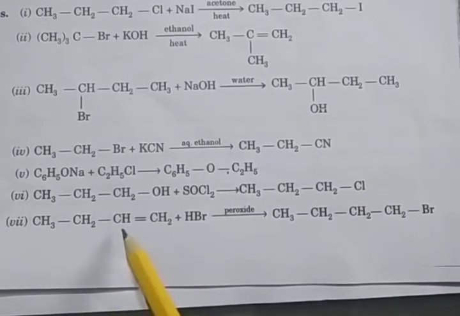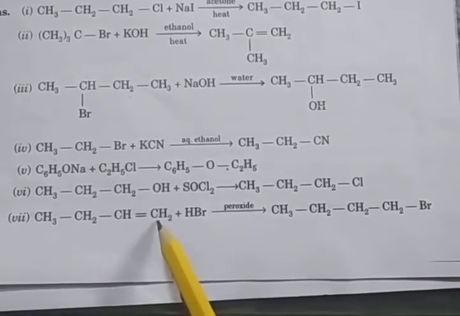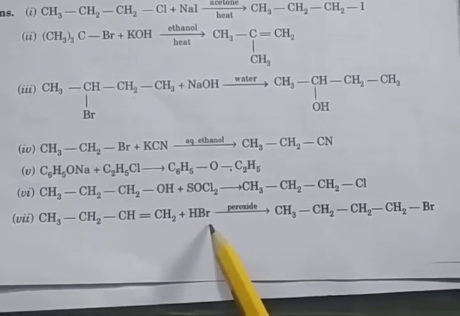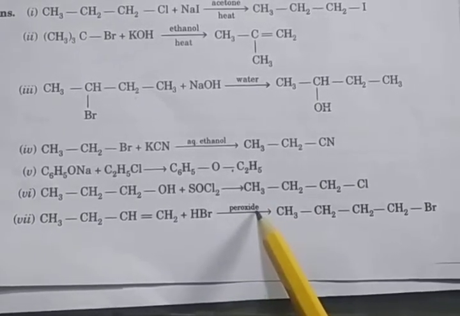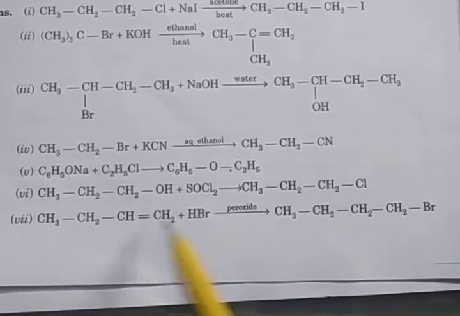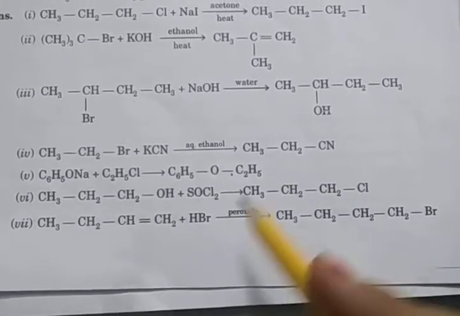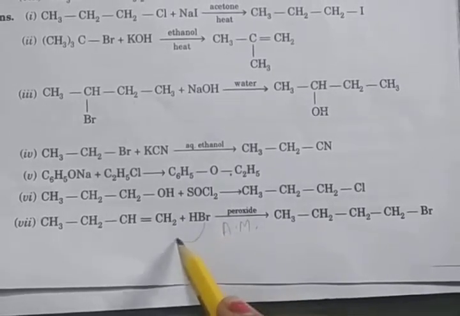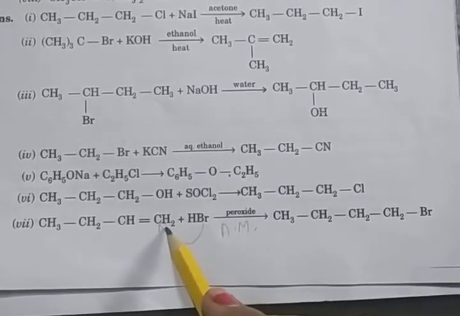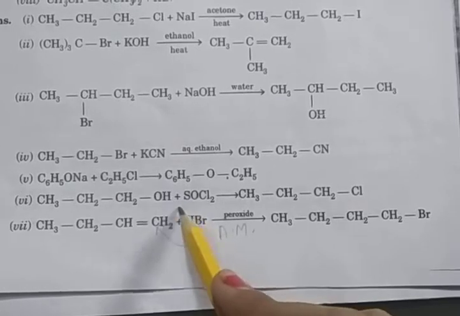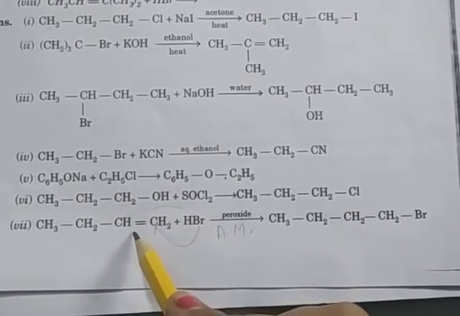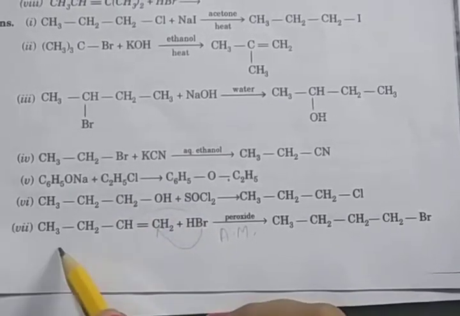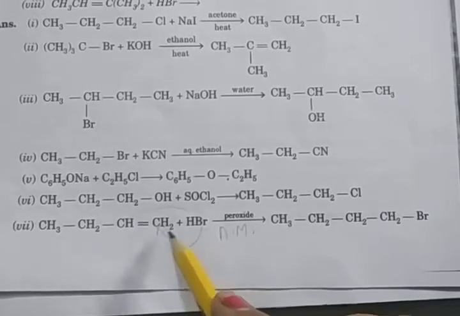Then butene, CH3CH2CH=CH2, with HBr in the presence of peroxide. The double bond breaks, and in the presence of peroxide the anti-Markovnikov rule is followed. Br goes to the carbon with more hydrogen atoms, giving CH3CH2CH2CH2Br.